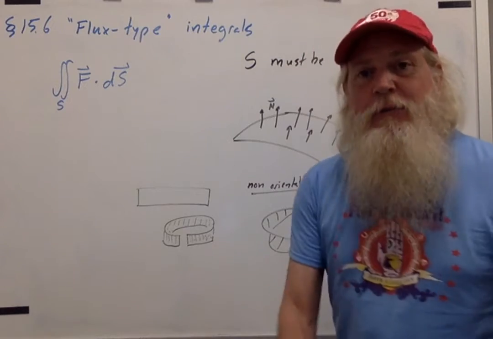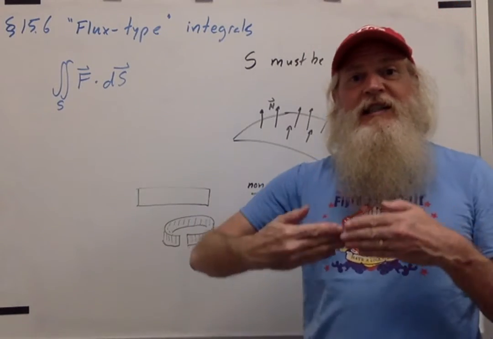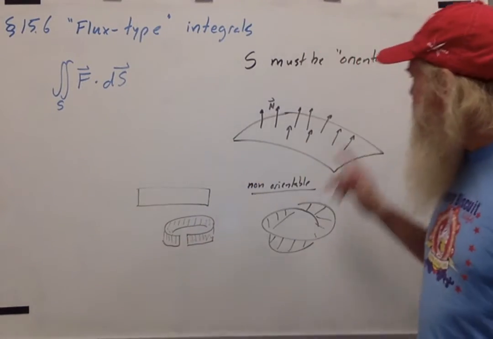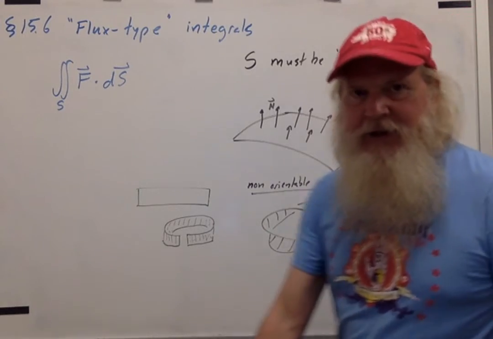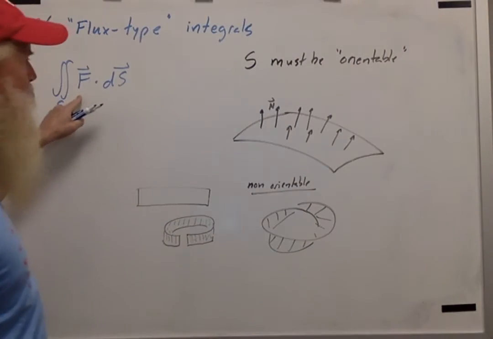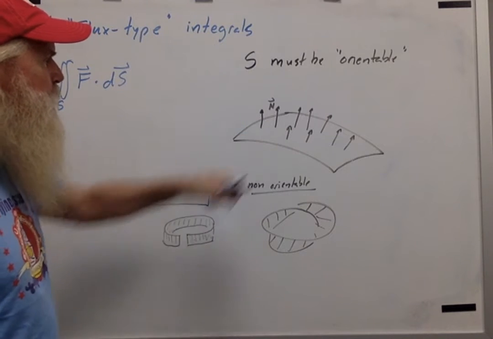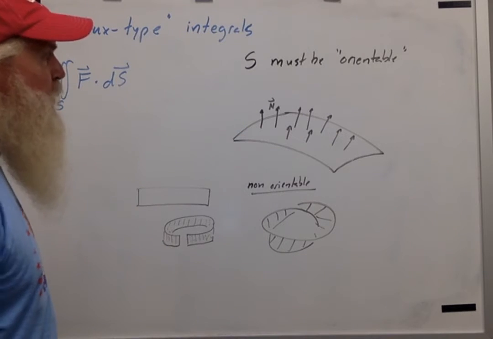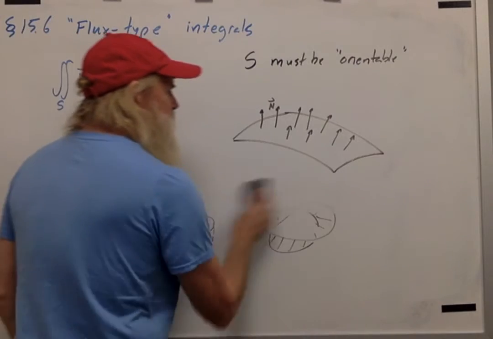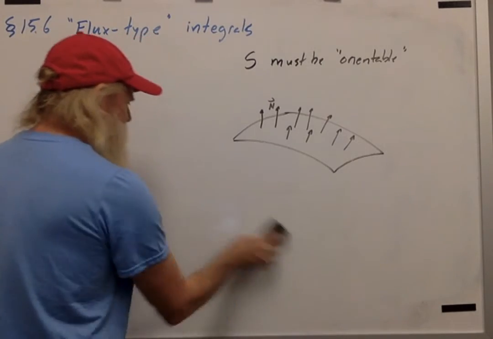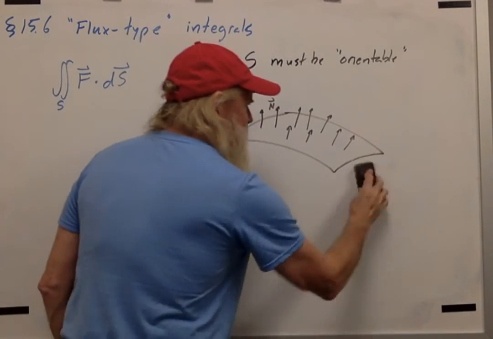So it turns out that a Mobius strip only has one side, which makes it a non-orientable surface. So these flux-type integrals are not defined on non-orientable surfaces. They have to be surfaces which are orientable, which is equivalent to there being one-sided. It's possible to paint one side red and the other side yellow, for example.